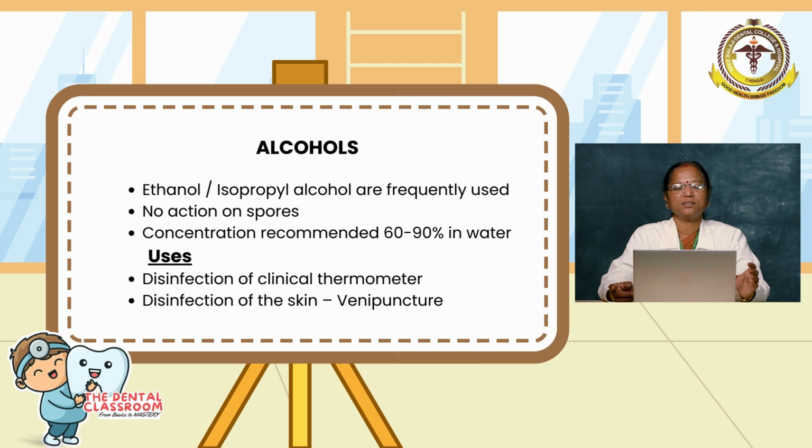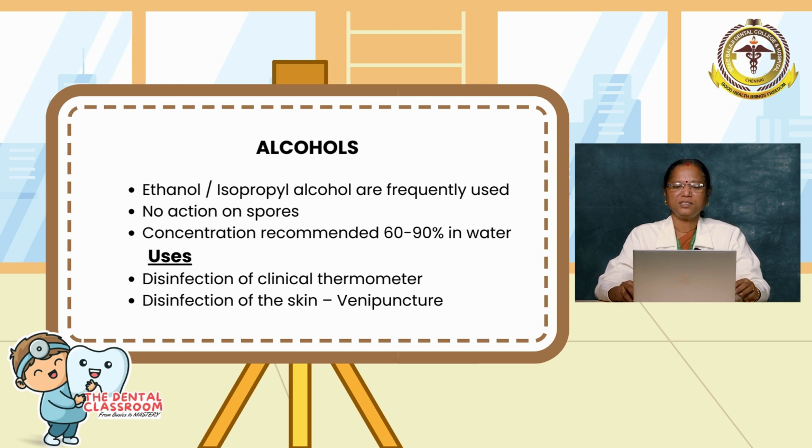They are used in disinfection of clinical thermometers and of the skin, especially before you draw blood or give an injection. Before that, you apply spirit on the area of the skin. So it is mainly alcohol which is used for disinfecting the skin.